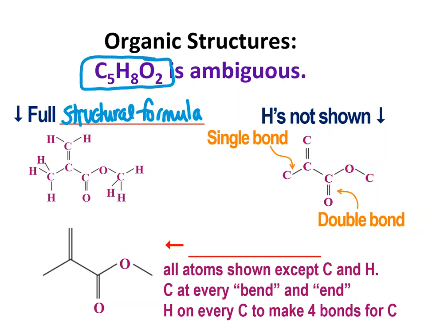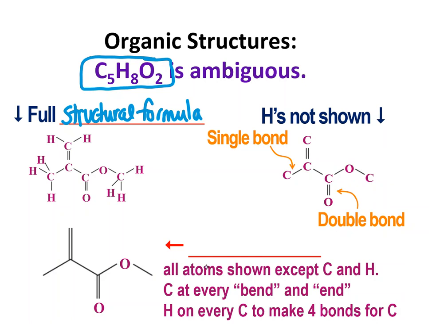Here is a simplified version of the structure. A lot of times we leave the hydrogens off, because in organic chemistry there are a lot of hydrogens, and so we know they're there by default. But notice that these dashes tell you what kind of bonds. This is a single bond, a double bond.